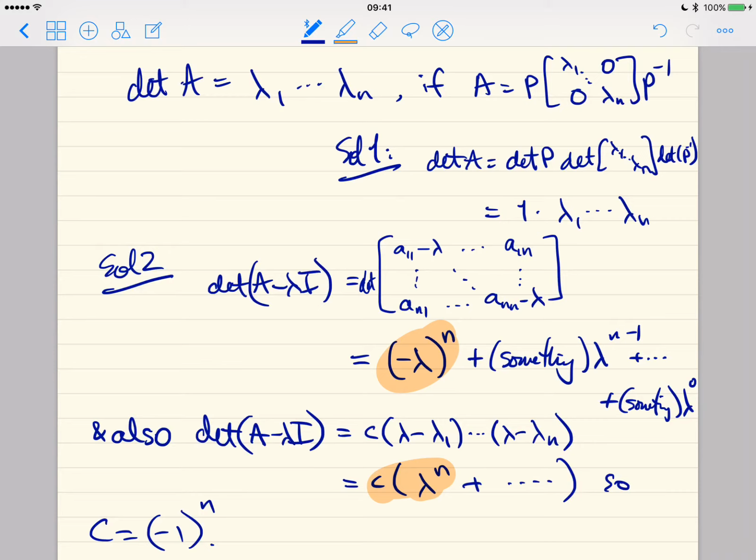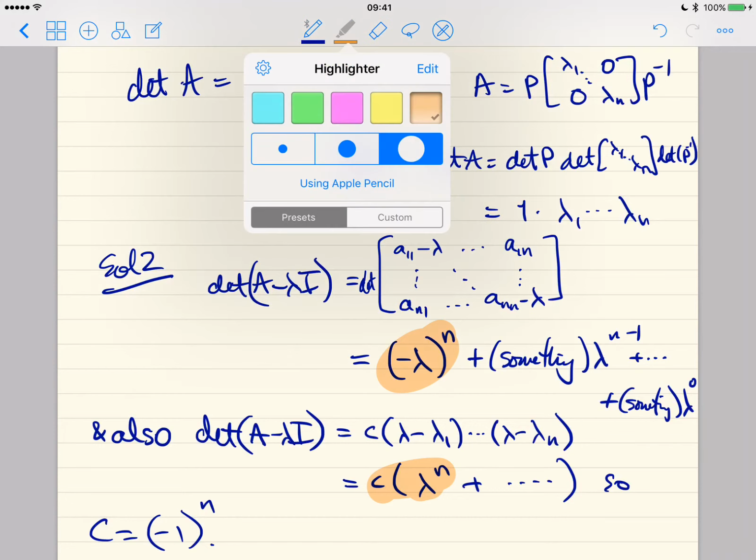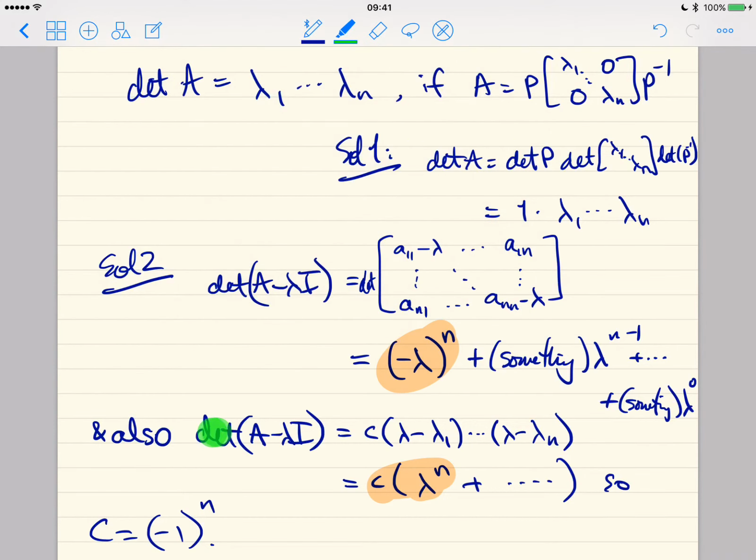The hard work is done. So we're looking at this formula, and we know c. C is not unknown anymore. And we want to find determinant of A. What can we do? Set lambda to 0. Just set lambda equal to 0.